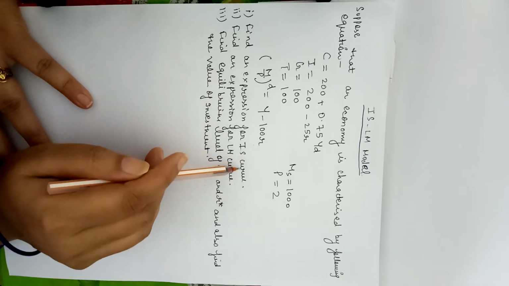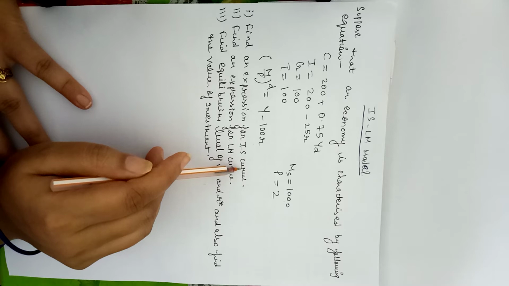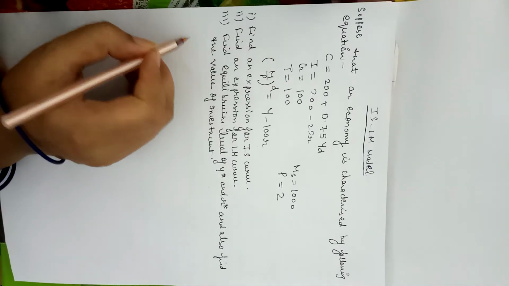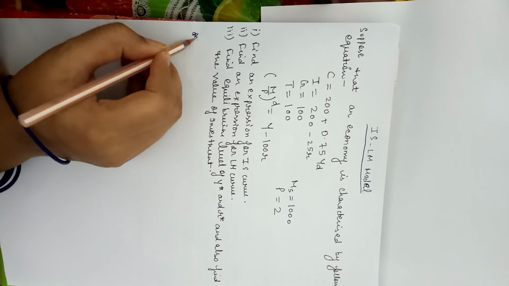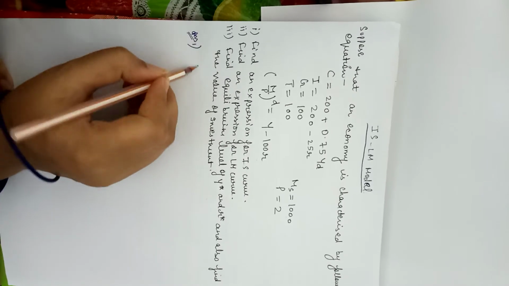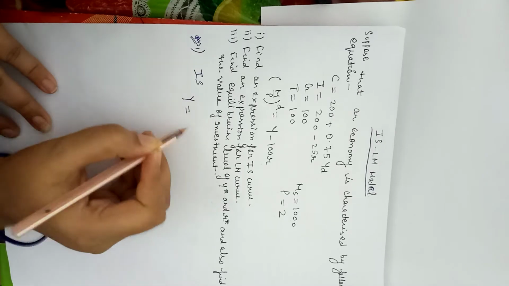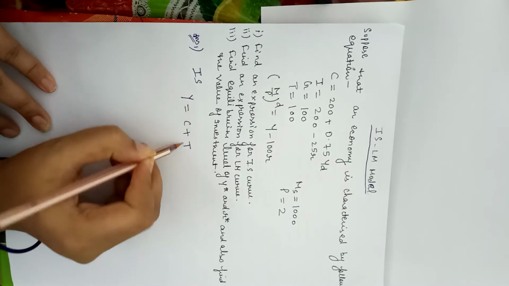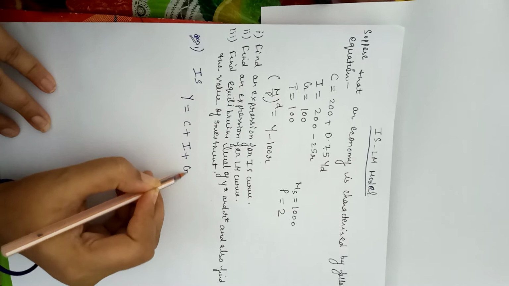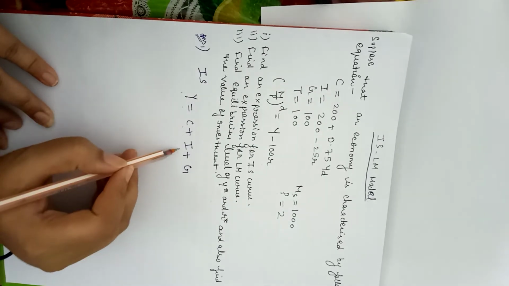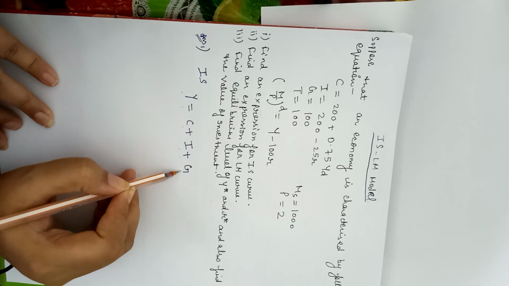So first of all we have to find the expression for the IS curve. For this we will see how to find it. For the IS curve we have to use this equation, which is output equals consumption plus investment plus government expenditure.